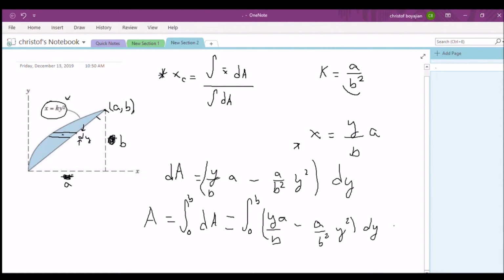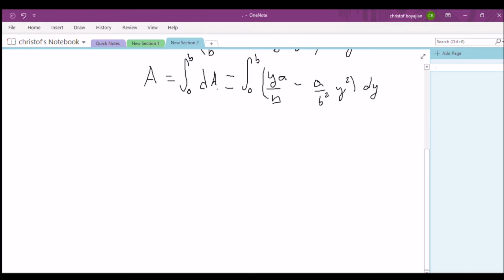All right, so now let's go ahead and solve for this integral. I'm going to scroll down a little bit here. If we integrate with respect to y, we're going to have a over b, and if you need to brush up on your integration skills with polynomials, I highly suggest looking at a video or two on how to do integration of polynomials.